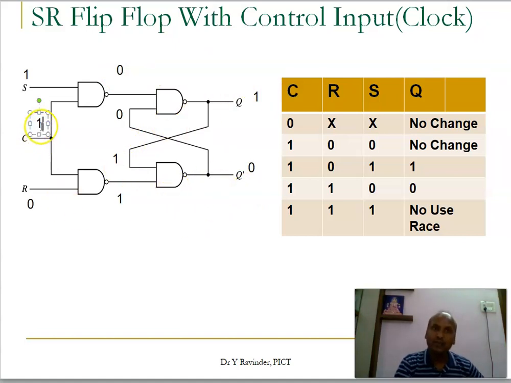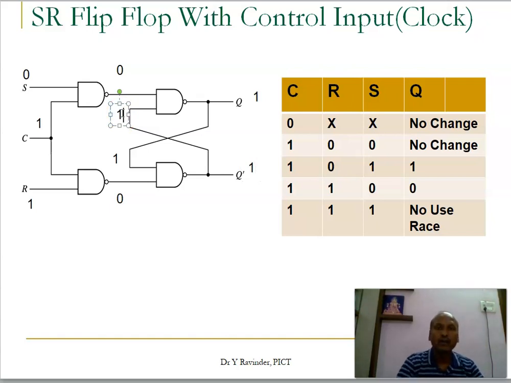But if I make this 1, and then change this to S equal to 0, R equal to 1, then this is 1, this is 1, both are 1, so this is 0. When this is 0, irrespective of this, this becomes 1.